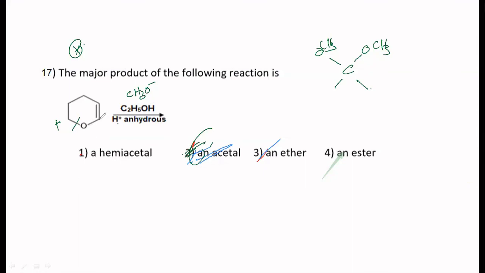Let's check it out. So you are basically getting this as positive, double bond. This will be OH. Initially, it will be like this, because you know that OH has to take up that, right? This will be OH.